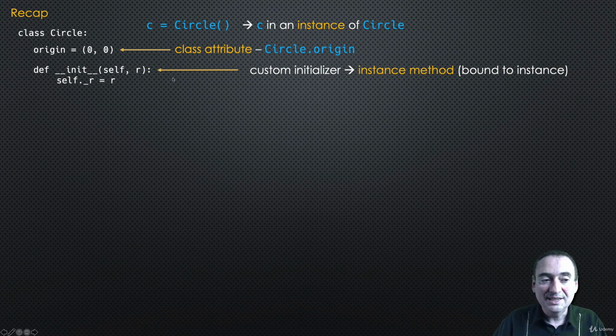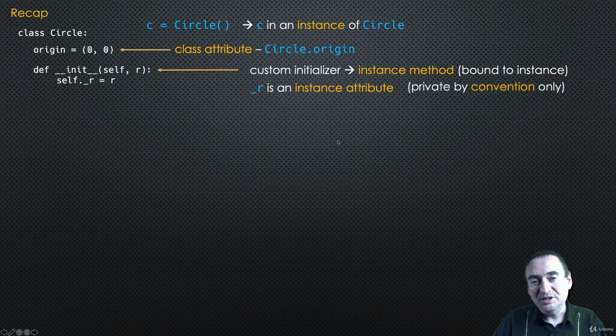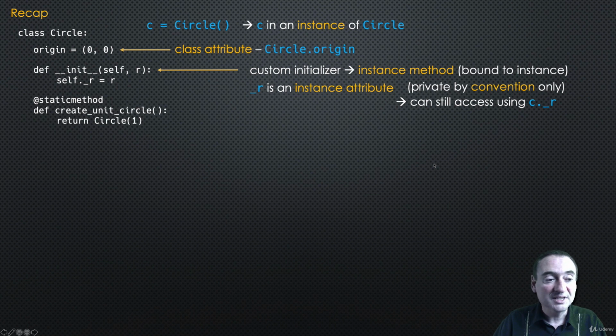So then it gets called as a bound method, and we're defining _r as an instance attribute on the instance. And it's private, but by convention only. That leading underscore is a convention to indicate private variables. But we can still access it. We can use c._r. It's still in the class namespace, in the object namespace.